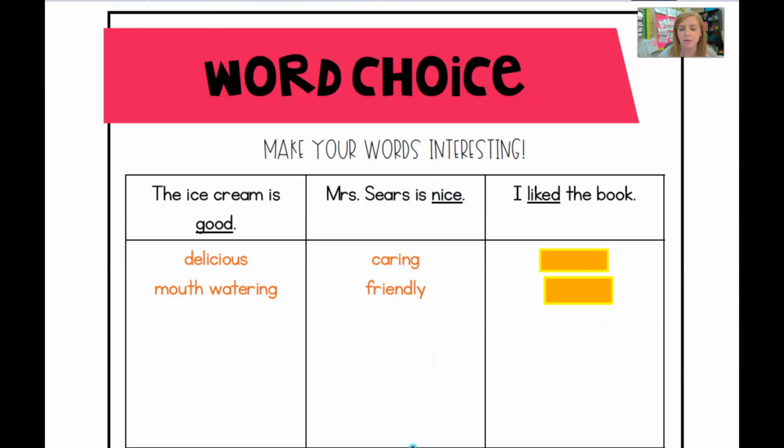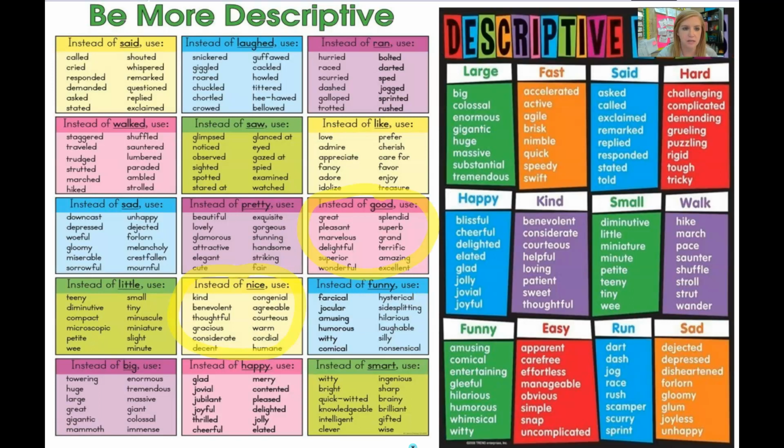I liked the book. Okay, like is just, once again, a very boring word. How can we make it more interesting? We could say, I enjoyed the book, or I adored the book. If you adore it, you really like it. It's more than just a like. Let's go back to our anchor chart and see if it says like. Right here.